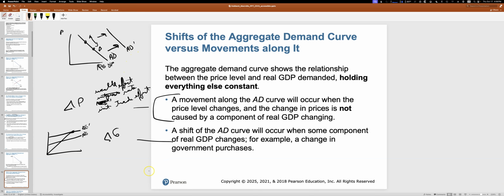That would be my shift caused by changing government spending, for instance, changing investment, changing net exports, changing consumption fundamentally. But the biggest one we generally see here would be changing government spending.